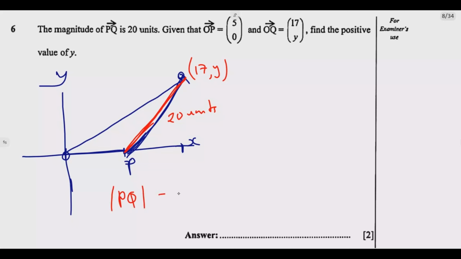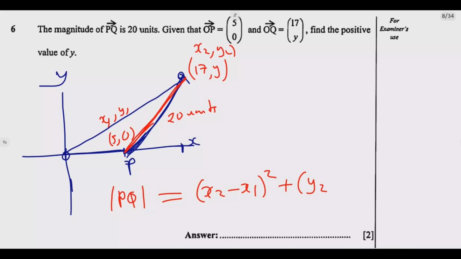Let us call (5, 0) x1 and y1, and this will be x2 and y2. So the distance is equal to the square root of (x2 minus x1) squared, plus (y2 minus y1) squared.